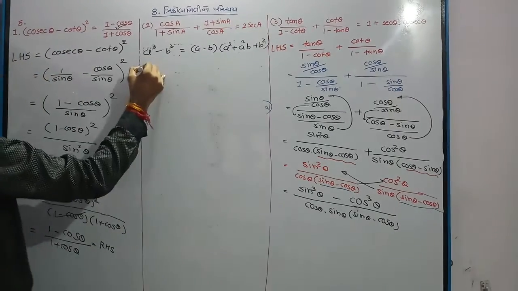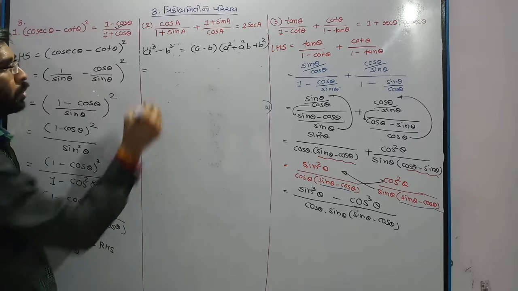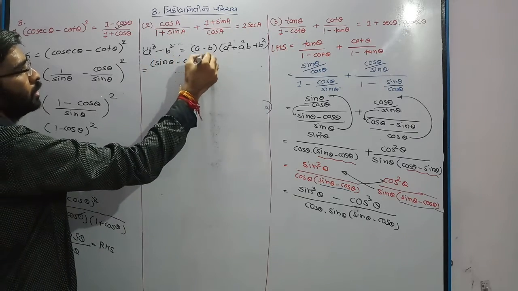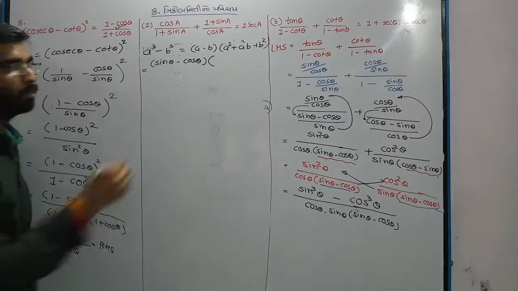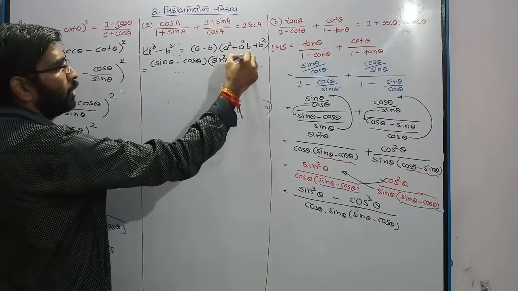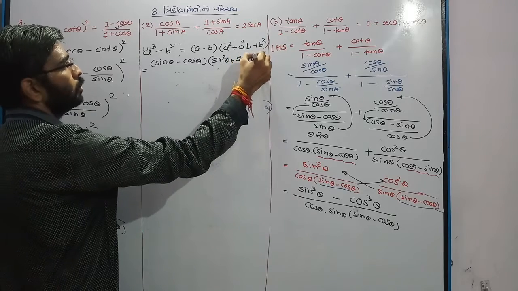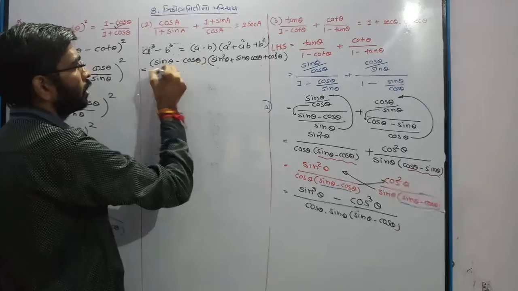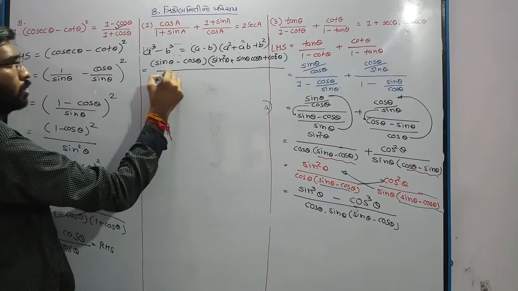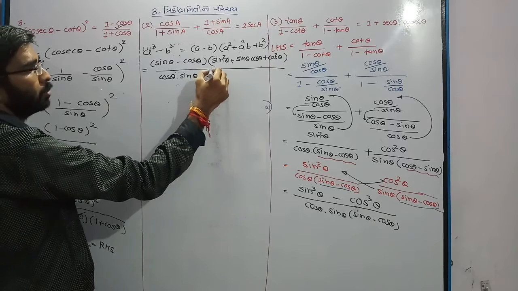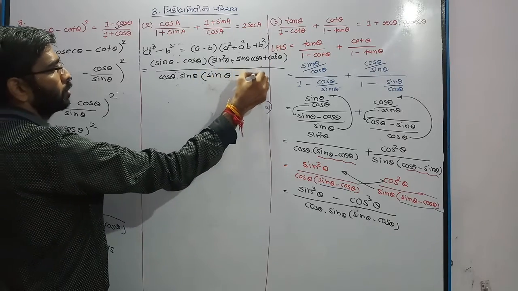So for sin cube minus cos cube, the first bracket is sin theta minus cos theta and the second bracket has a square, which is sin square theta, a into b, which is sin theta into cos theta, and b square, which is cos square theta, upon cos theta into sin theta in the bracket of sin theta minus cos theta.